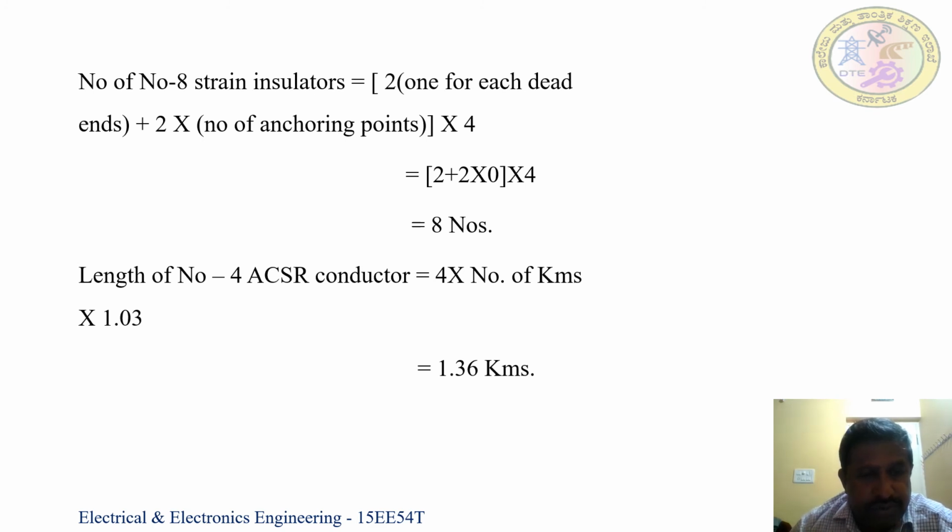Next item is number 4 ACSR conductor. The length of number 4 ACSR conductor equal 4 into number of kilometers into 1.03, that is 4 into 0.33 into 1.03, that gives 1.36 kilometers.